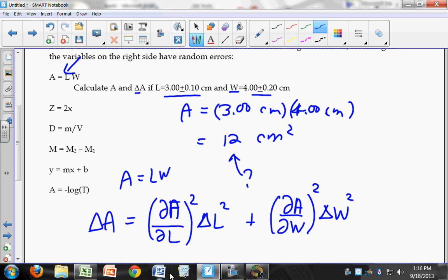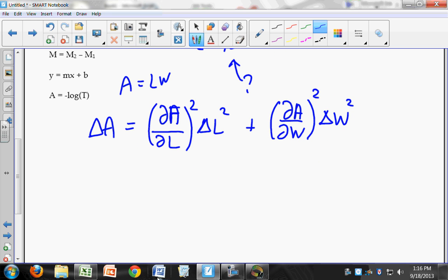So what's the partial derivative of A with respect to L? This is like saying y equals x times a constant. You're taking a partial derivative with respect to L, like taking a derivative with respect to L. Treat everything else as constant. So what would it be?